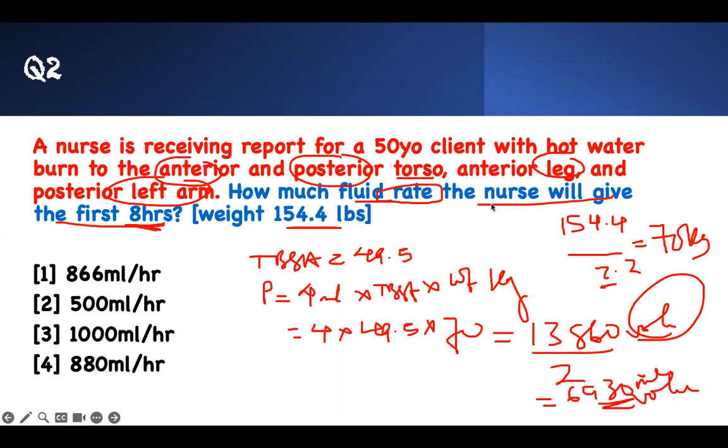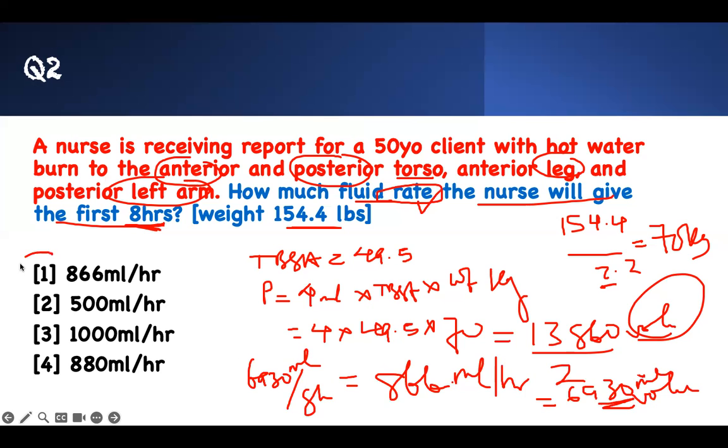But in 8 hours, we are calculating the rate. We have 6,930 over 8 hours, so divided by 8, and we get 866.2 ml over an hour. So every hour, the patient will get this fluid.